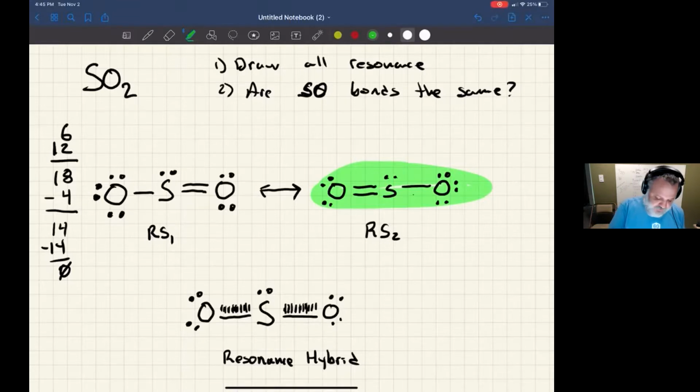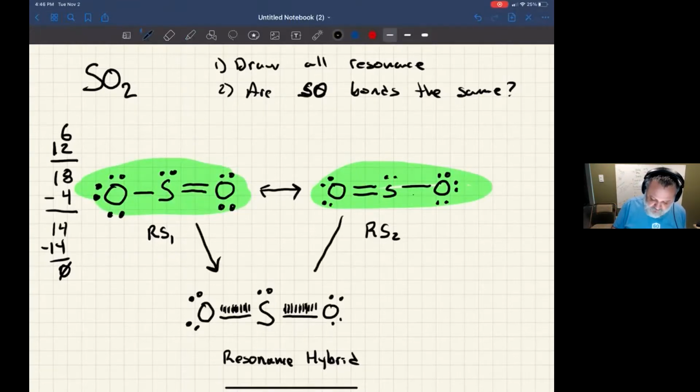But if I expand my view out and look at both of the structures, I realize I'm actually dealing with 2 different resonance structures, and those 2 different resonance structures don't represent the real molecule individually. What they are is the real molecule is a combination of the resonance structures. We call that combination a resonance hybrid.